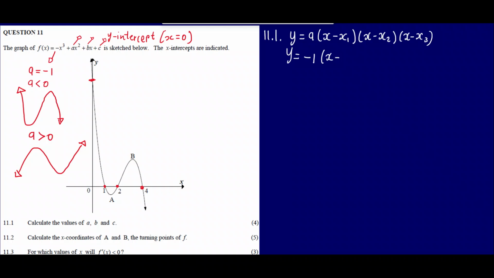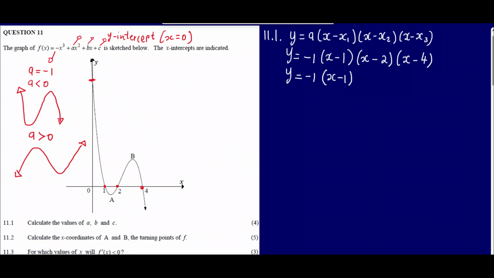So x minus 1, first x-intercept is x1, the second x-intercept is x2, the third x-intercept is -4. Sorry, it's 4, so I'm just going to put -4, right? So y is equal to -1, and now we can just enjoy a multiplication between the two brackets.